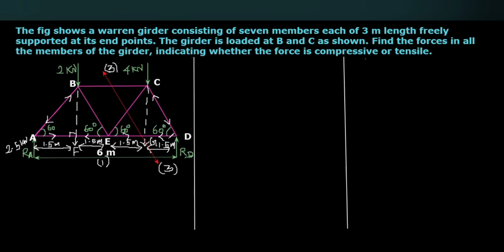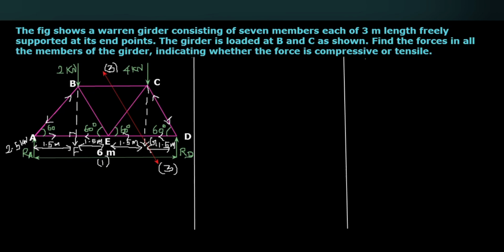Then in this considered portion, BC member is there, CE member is there, ED and CD. There are 4 members. But the section line cuts BC, CE, ED, only the 3 members. The member CD is not cut by the section line, so the force in the member CD, we don't want to consider.